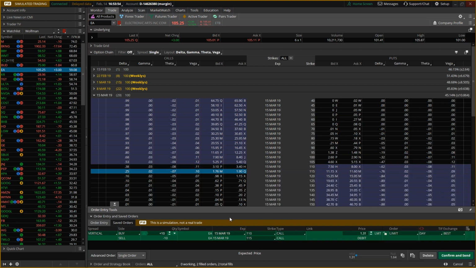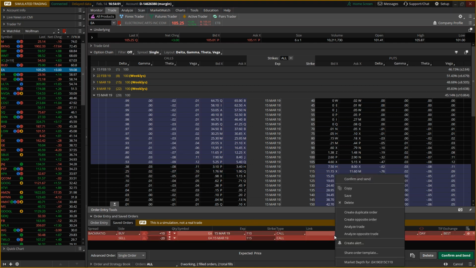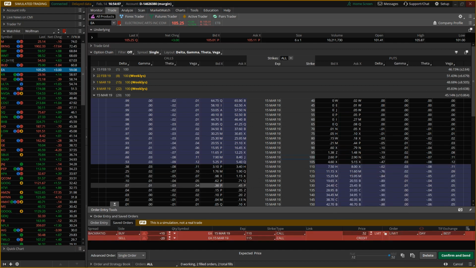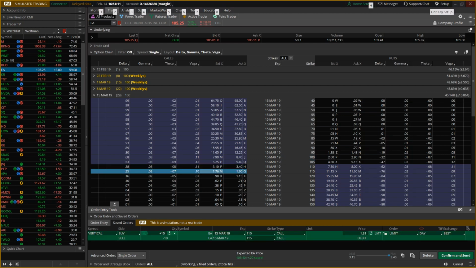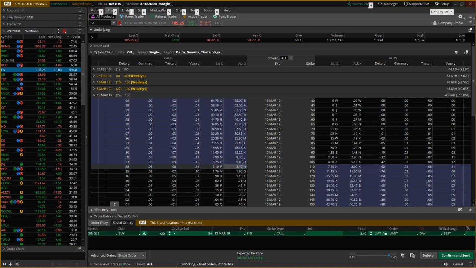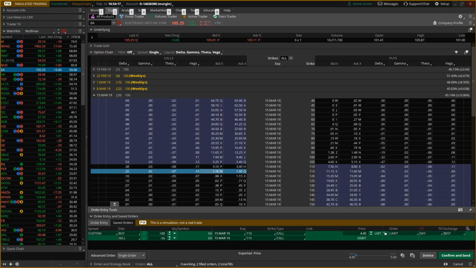Wait. What do I want? Sell one more of those. Oh, it does say back ratio spread. They're wrong. That's not right. This is a front ratio spread. What does it say when I buy two of these? It's a vertical. Wait, what? Custom. Well, just know this is a front ratio spread. It's not a back ratio spread.